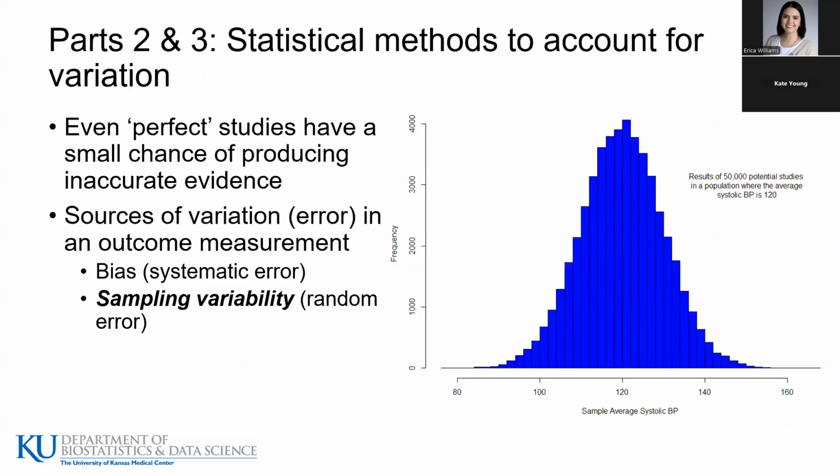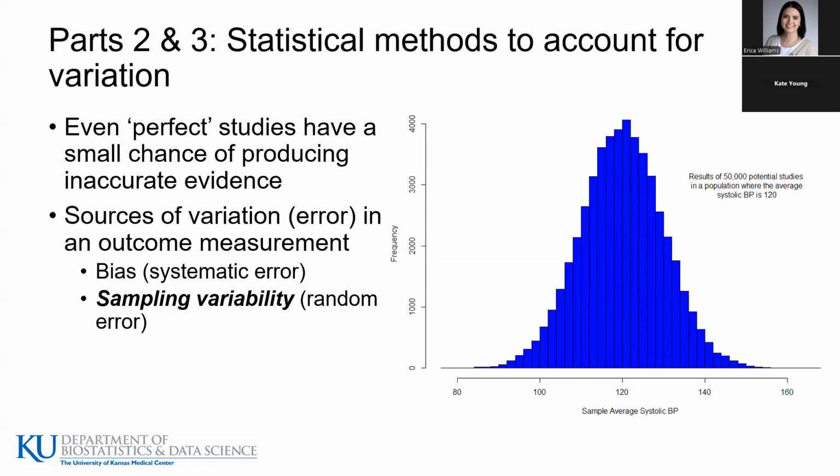In parts 2 and 3, we're going to look at statistical methods that allow us to account for variation. Today we looked at how the study design can mitigate or account for this variation and help with internal validity. But even perfect studies can have a small chance of producing inaccurate evidence.